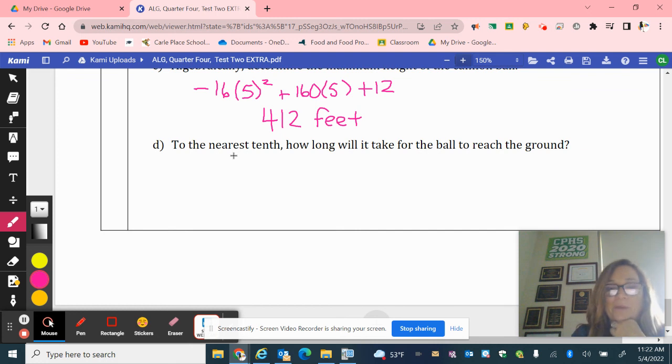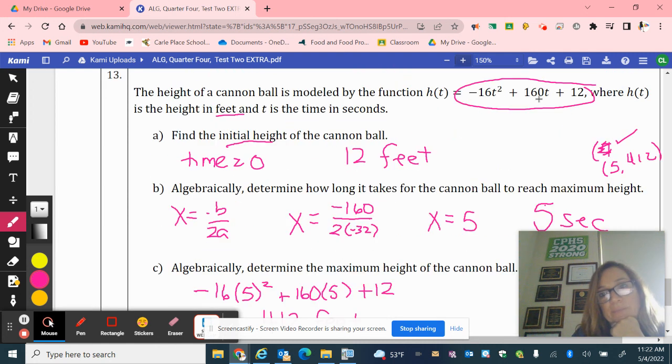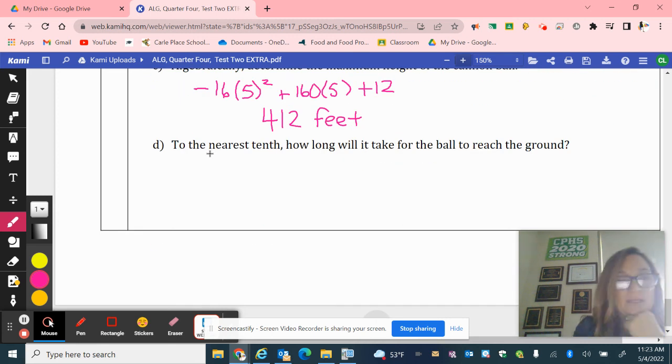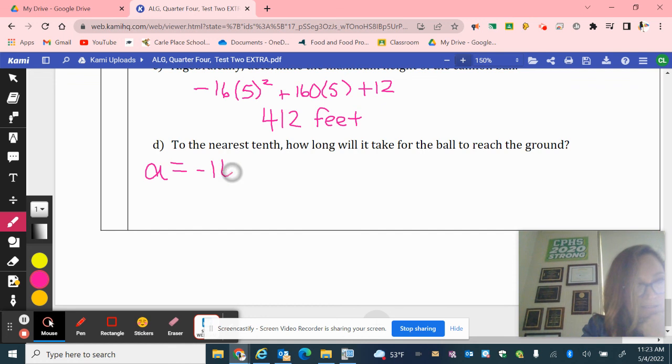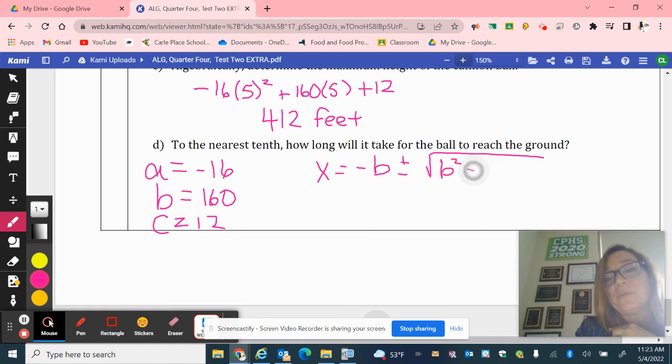Okay, so the nearest tenth, that's a hint that it's not factorable. How long will it take for the ball to reach the ground? I'm going to use the quadratic formula. So A equals negative 16, B equals 160, and C equals 12. X is equal to negative B plus or minus the square root of B squared minus 4AC, all over 2A.